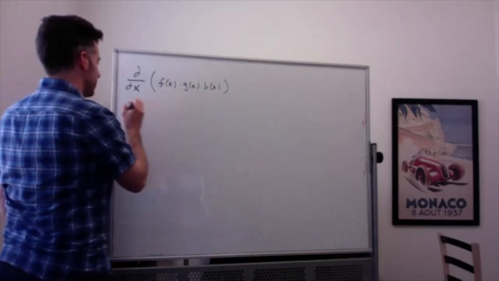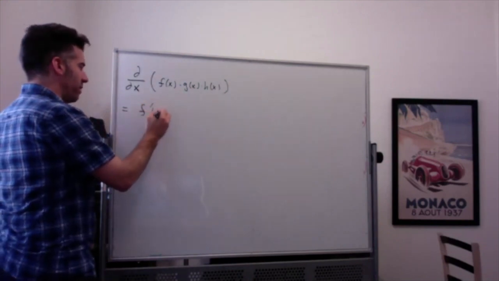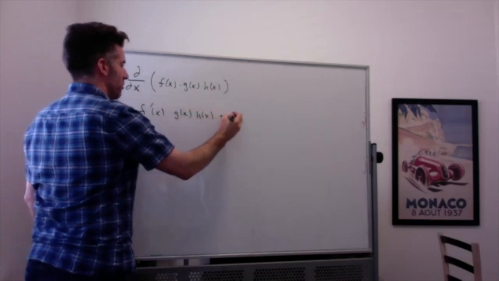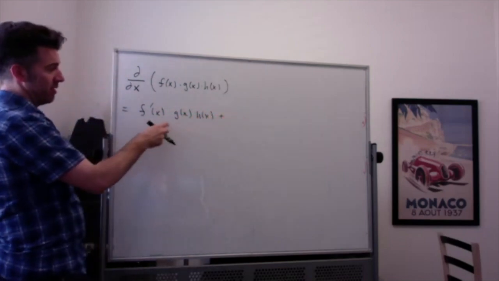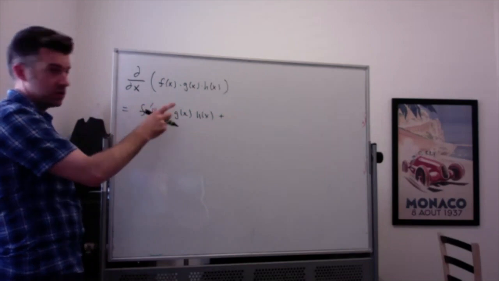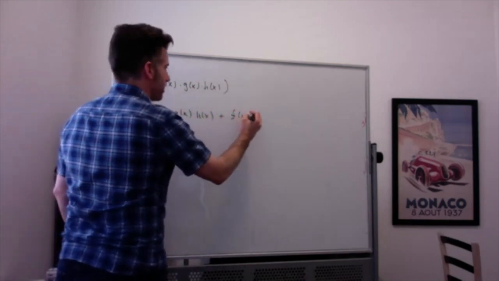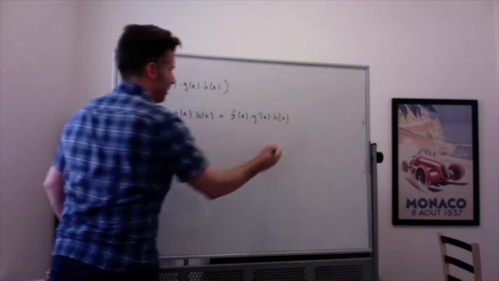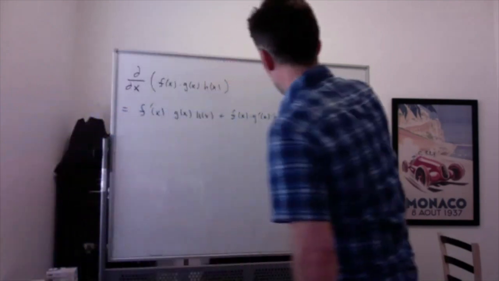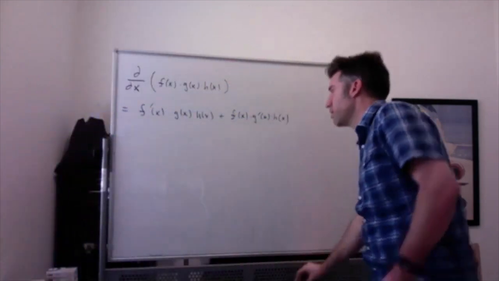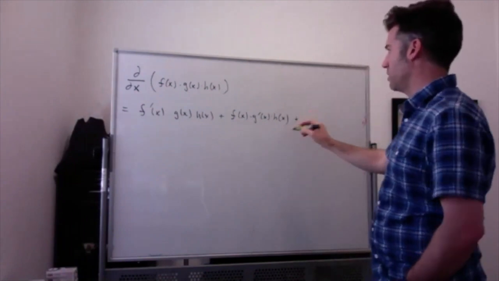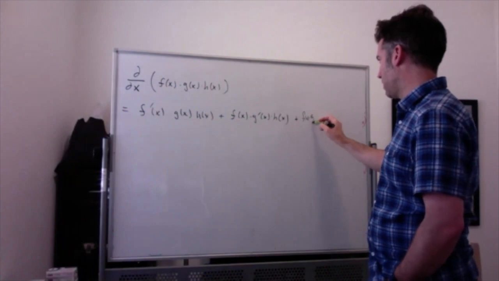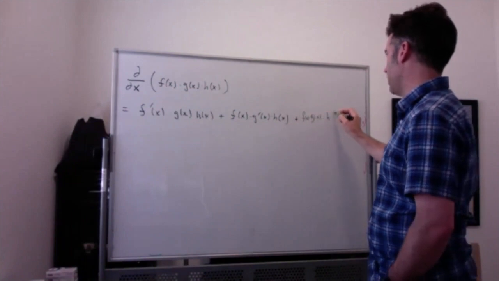So the derivative of this is f prime of x times g of x times h of x, plus, then we do it again, but instead of f prime, we have one of the other functions' derivative: f of x times g prime of x times h of x. And then finally, the last one is f of x times g of x times h prime of x.